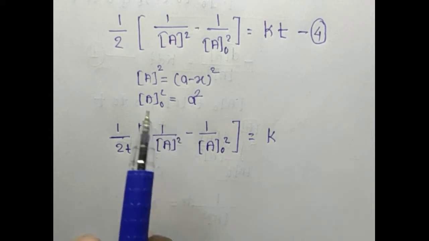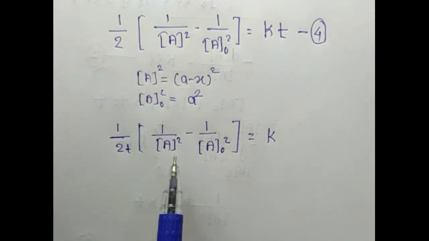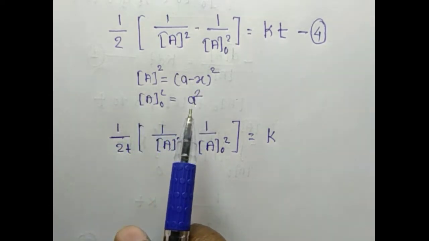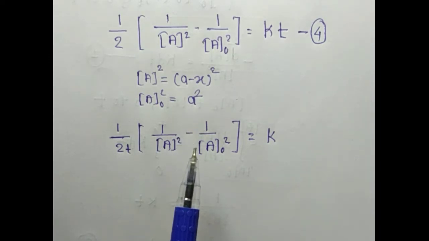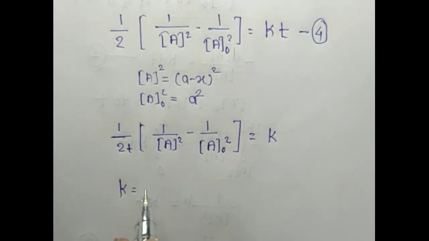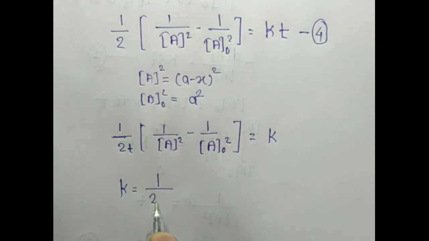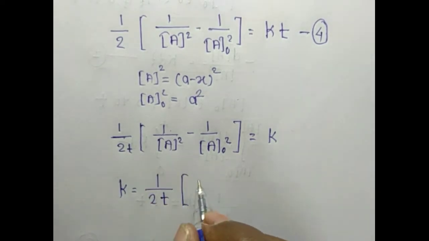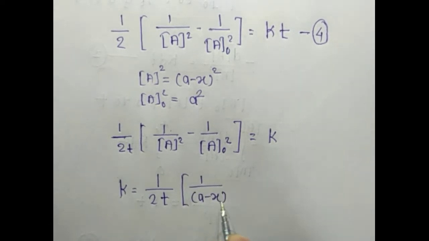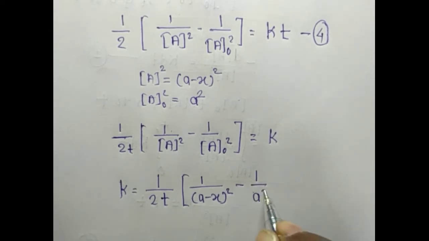Now by substituting A square and A0 square as a minus x square and a square, we get K is equal to 1 upon 2t into bracket 1 upon a minus x bracket square minus 1 upon only a square.